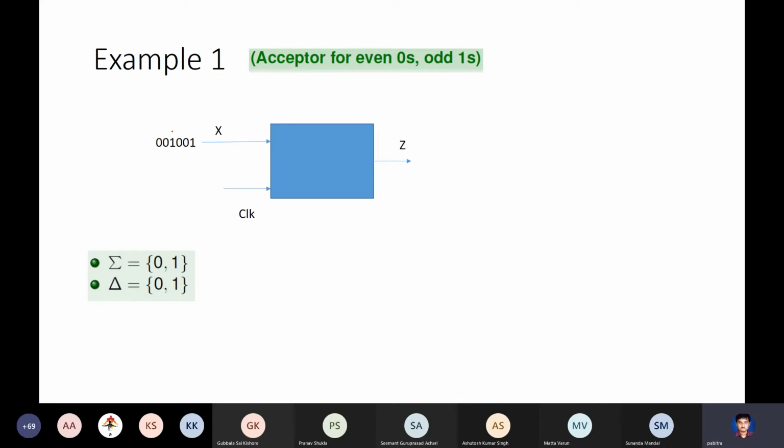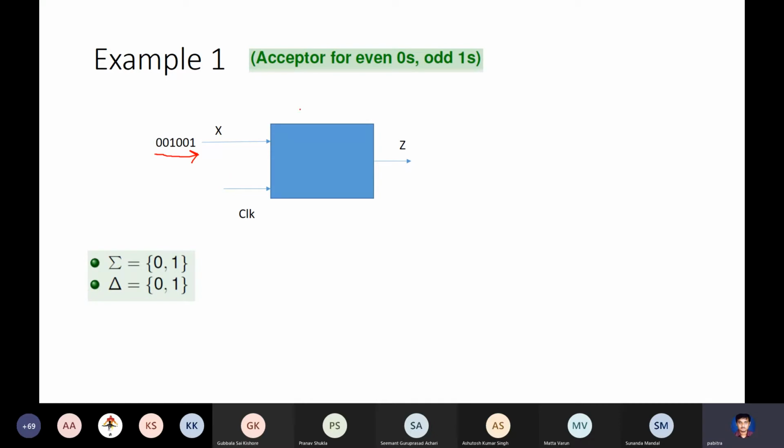Okay, so now let's try to design some Moore machines. The problem is as follows. This is the first example. You have to design a machine which takes as input a single bit stream.